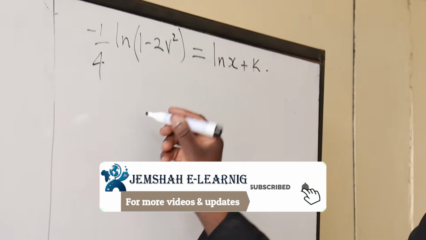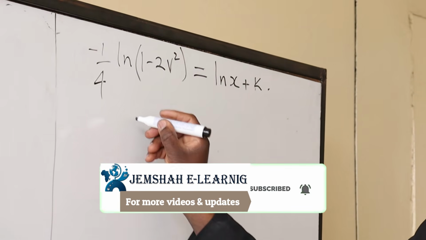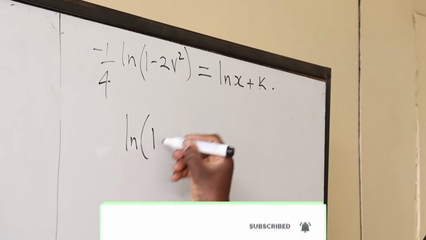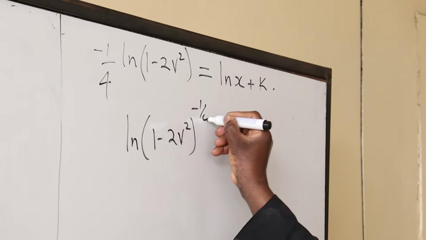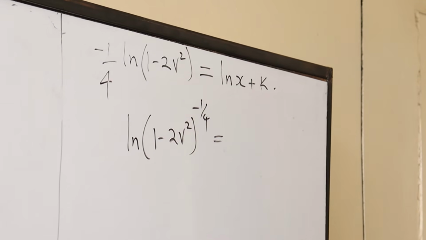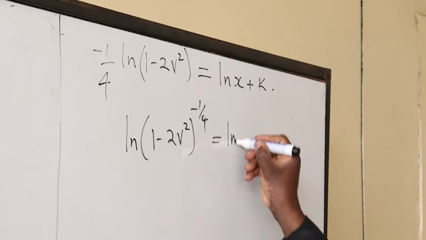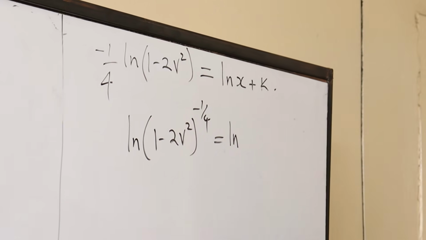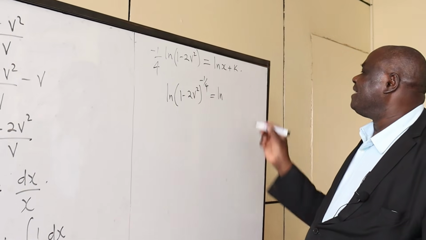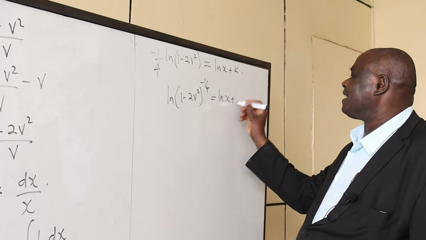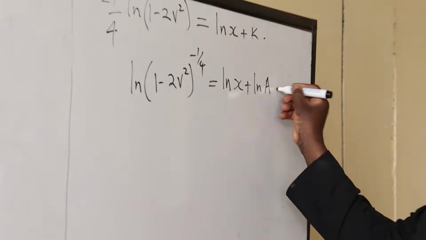So this simplifies now to ln of (1 minus 2v squared) raised to power minus a quarter will be equal to ln x plus k. k can be ln of a. So this is ln of x plus ln of a.